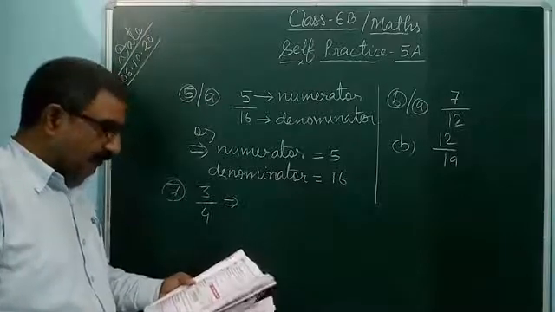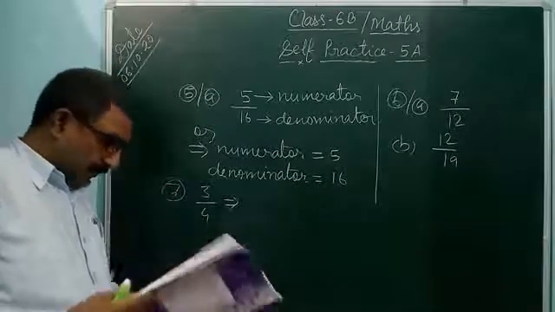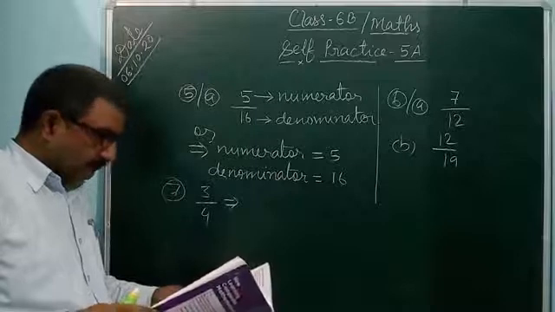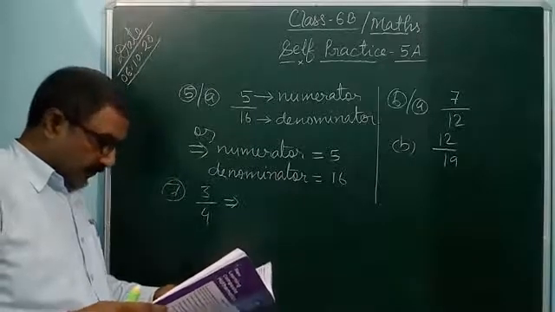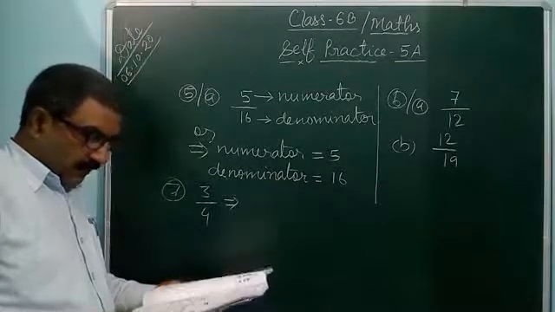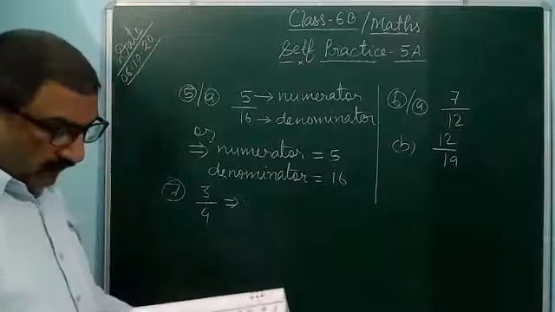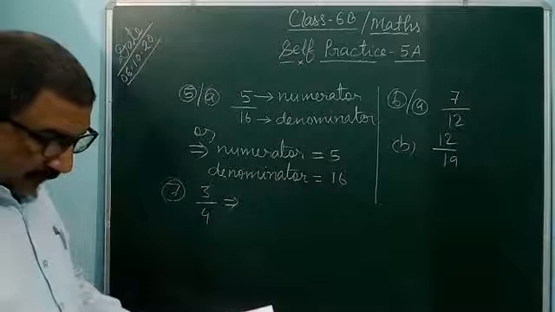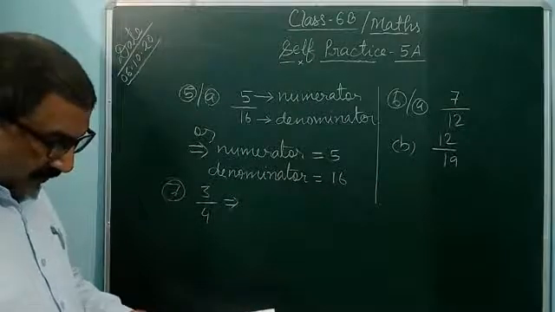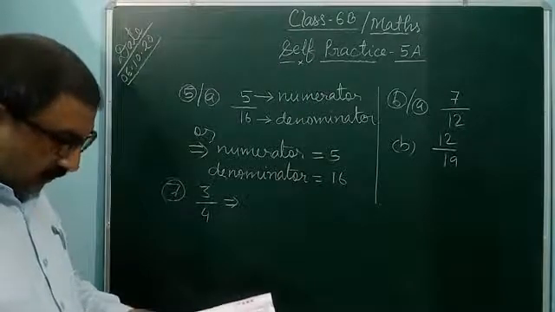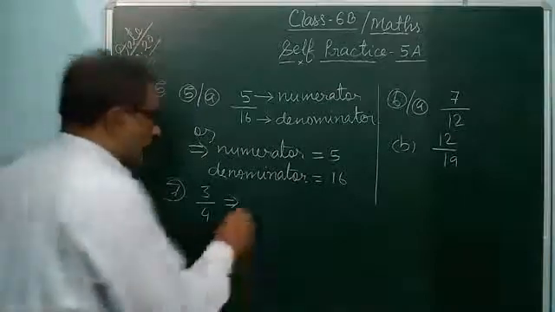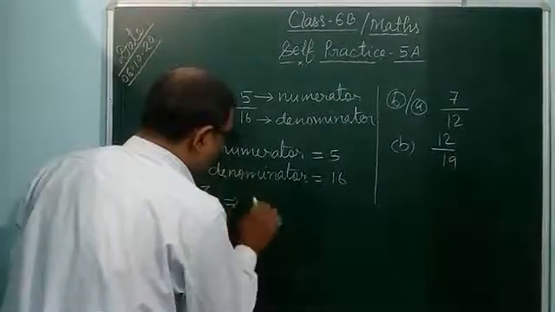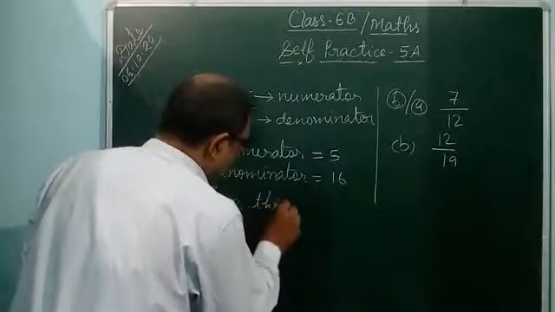You can write it as 3 by 4 as the number name. Like that, you see question number 4. Write fraction for each of the following as 5/8, 3/5, 2/9, like that. 3 by 4 means 3/4. You can write like that.